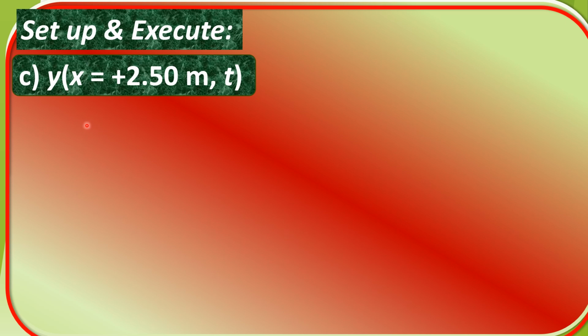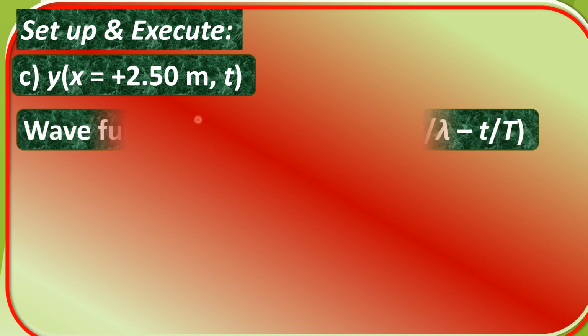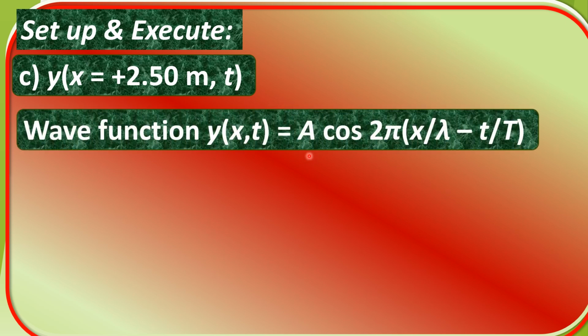And the wave function y(x,t) can be expressed as the amplitude capital A times cosine 2 pi multiplied by x over lambda minus time small t divided by the period capital T. So this is just one of the several ways of expressing the wave function for the displacement y as a function of time t.